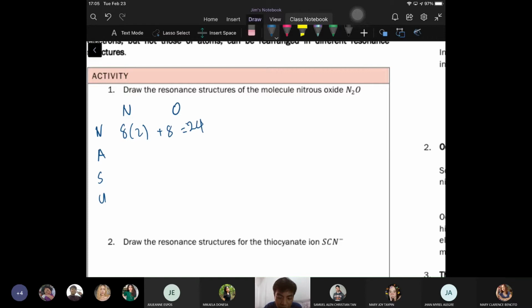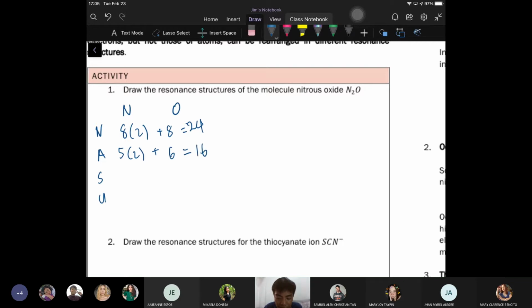Available: nitrogen is in group 5 times 2 because we have 2 nitrogen atoms here, and then oxygen, group 6. So 5 times 2, 10 plus 6 is 16.